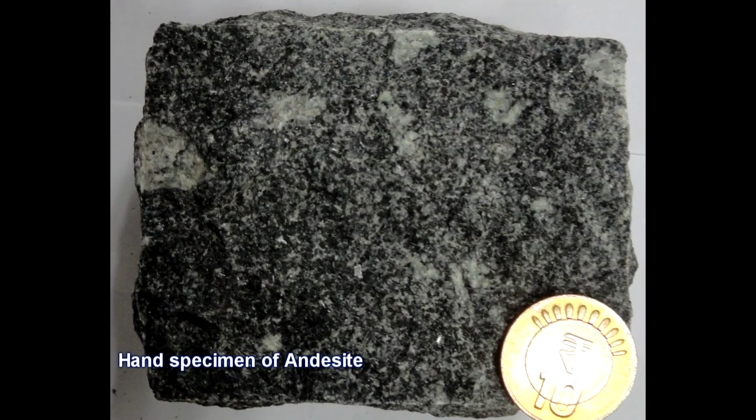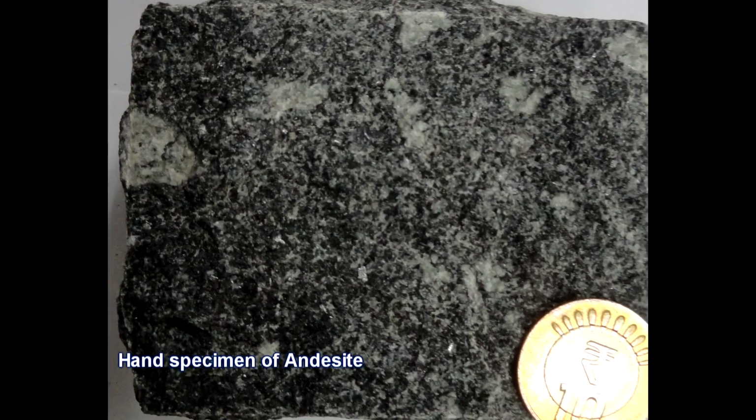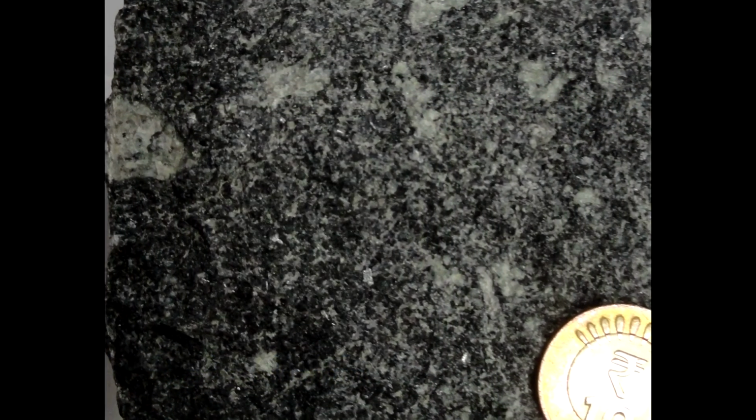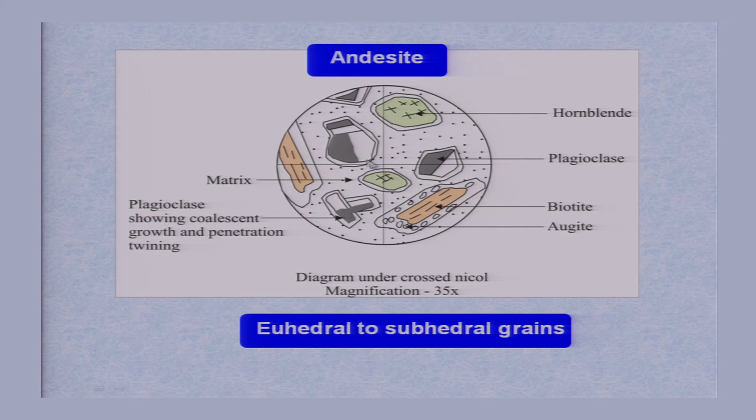Another example I am citing here is andesite. Andesite is a lava flow, and it contains euhedral to subhedral grains. Some of the faces are very well developed, but some are not, and it contains hornblende, plagioclase, biotite.